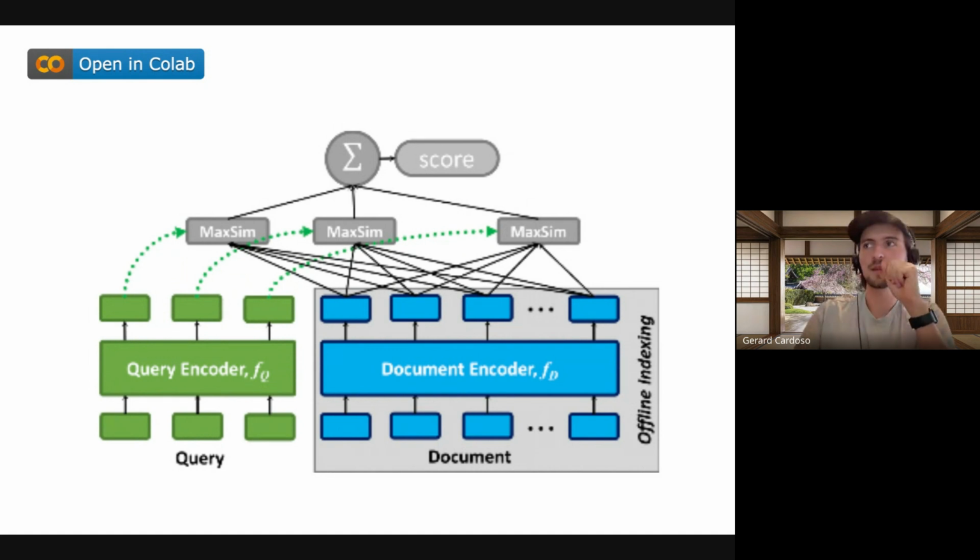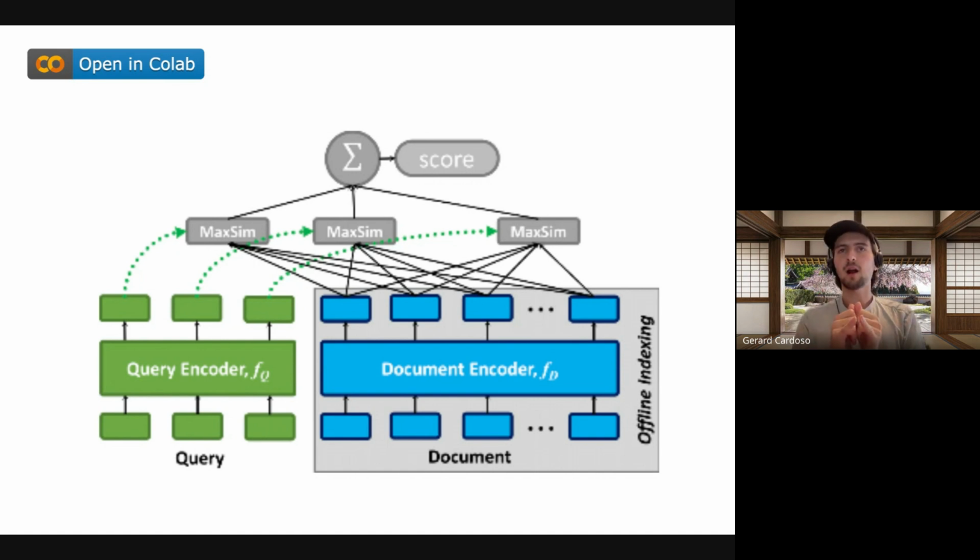So ColPali is super interesting. In your standard methods, you take the whole query and the whole document, and you embed them. So you have one vector for the query, one vector for the document, and then you do cosine similarity on them.